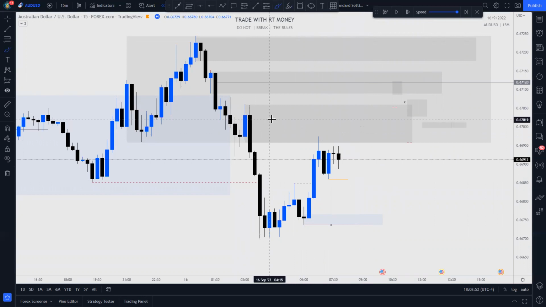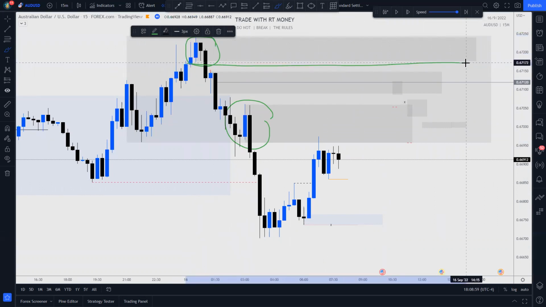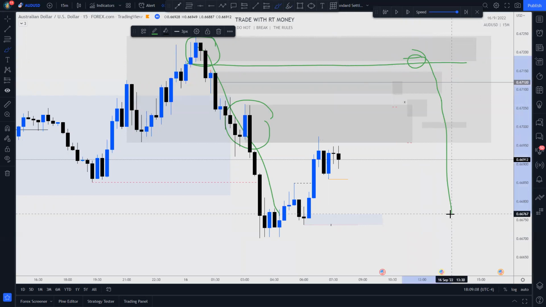I marked off this zone, and I marked off this zone up here. I gave a good reason that this is the origin of the move, and if price makes it up here, I take this trade every day, twice on Sunday for shorts. It's well into the premium of the price range, and this is the origin of this impulse.